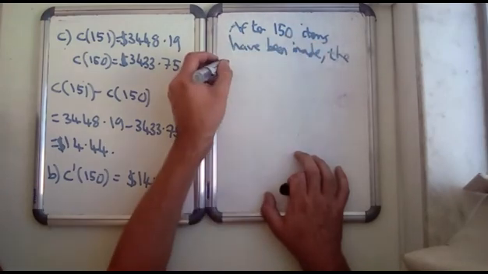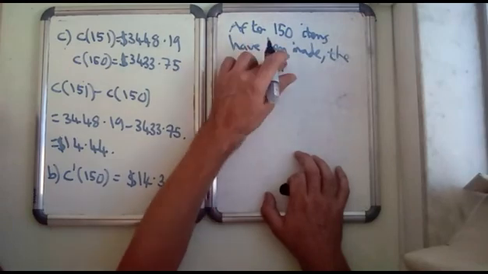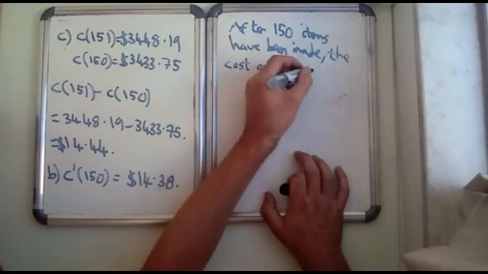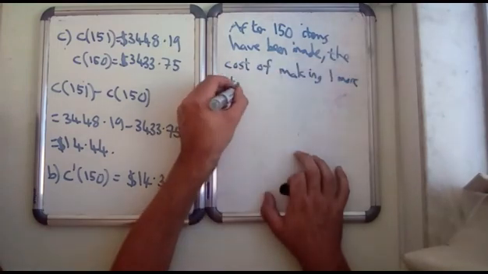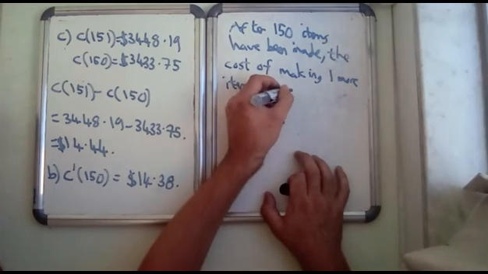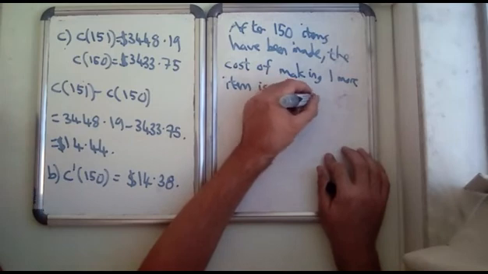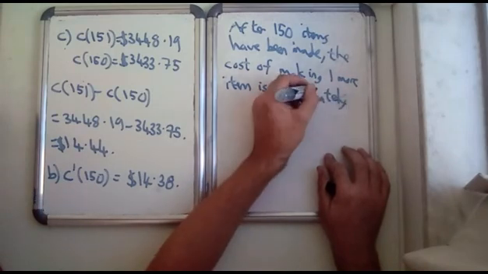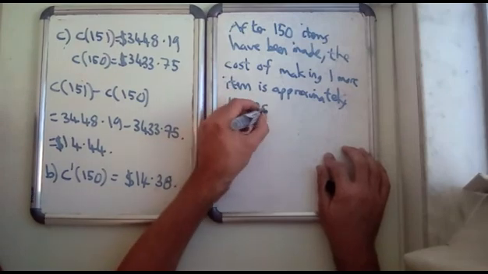the cost of making one more item is approximately, I mean it's only a price, we're just using the function, 14.38, right?